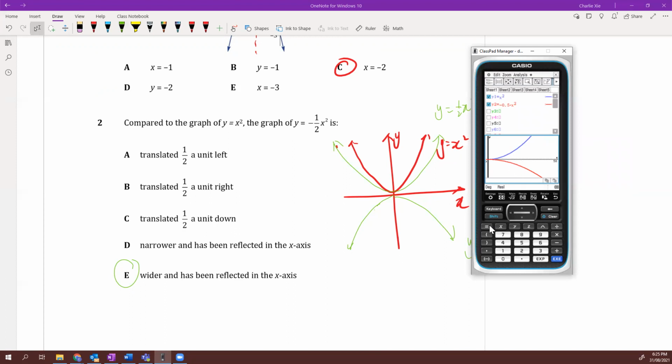So you could click on this, or use your stylus to zoom out a little bit more, and you're gonna see this has been reflected and also became wider than the blue one. This red one is your new equation, and this blue is your original equation.